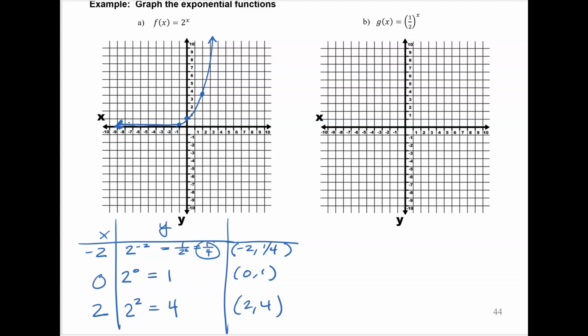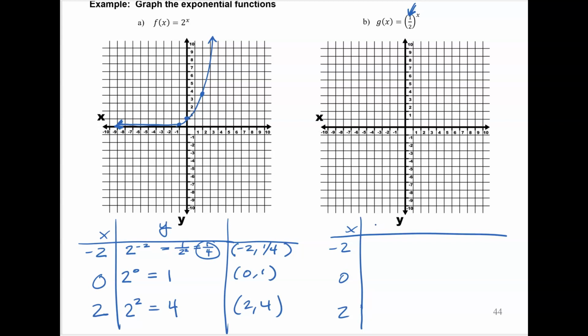But it doesn't actually touch. And then the second one, notice that there's a fraction here, so that's going to be a decay. I'm going to pick the same x values, -2, 0, 2. Those aren't the best x values to pick, and you can choose to pick more if it makes the graph more clear to you.